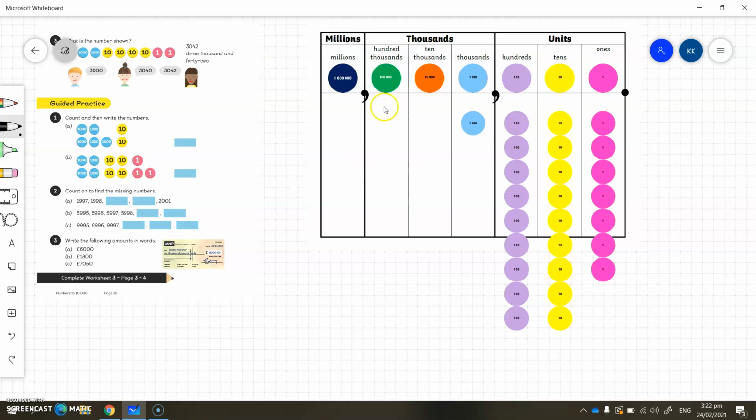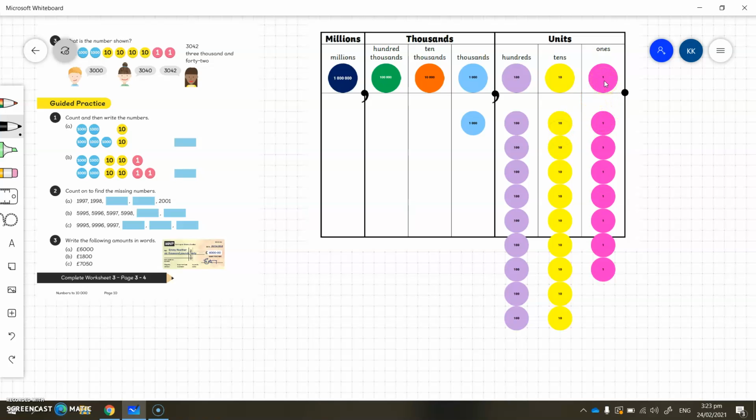Now I've counted on 1,997. How would I make this number using my discs, but so that it shows me a value of 1,998? I have 1,900. I have 97.